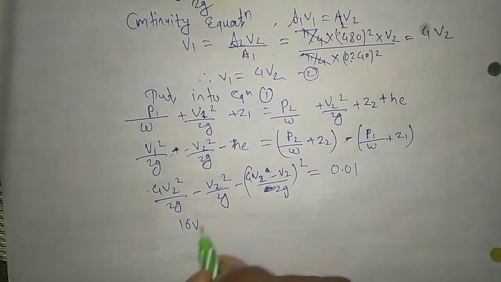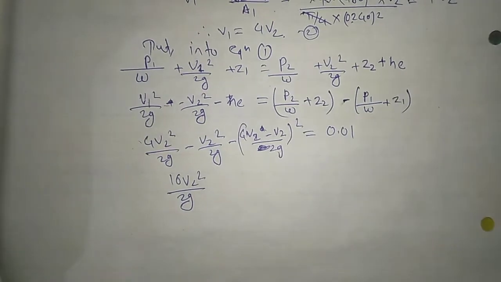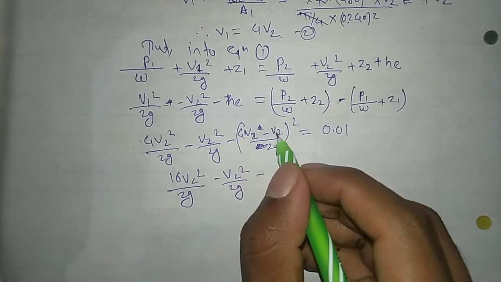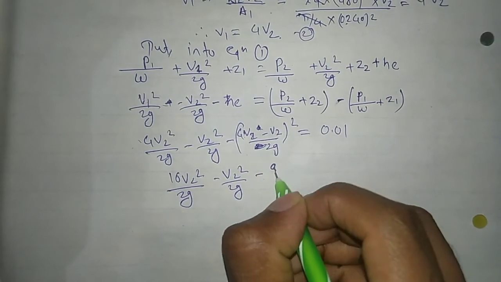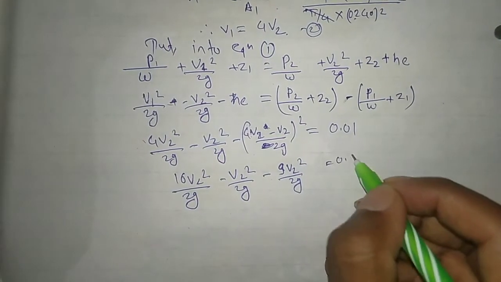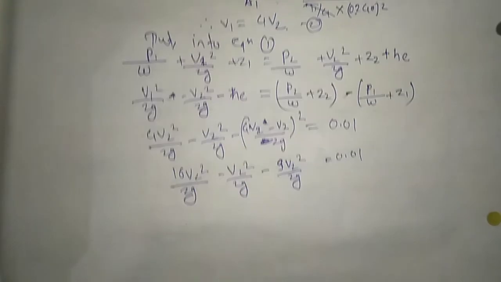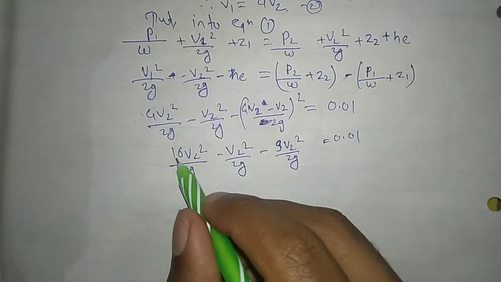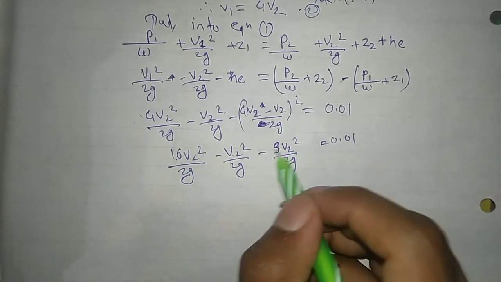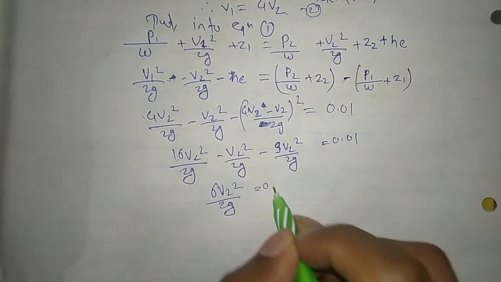So here 16 V2 square by 2G minus V2 square by 2G minus 9 V2 square by 2G, equal to 0.01. You can directly subtract 9 and 1 from 16, which gives 6. So 6 V2 square by 2g equals 0.01.